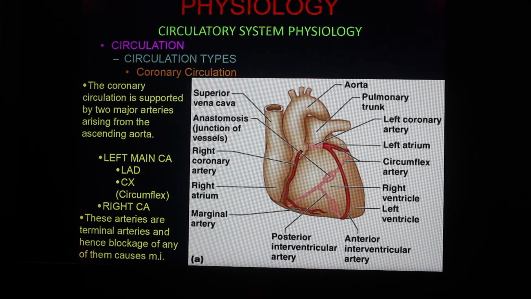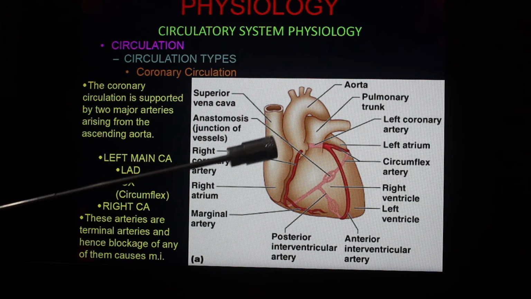Now we will be talking about the coronary circulation. Each organ has its own arteries and veins to receive oxygen and to excrete their waste products.